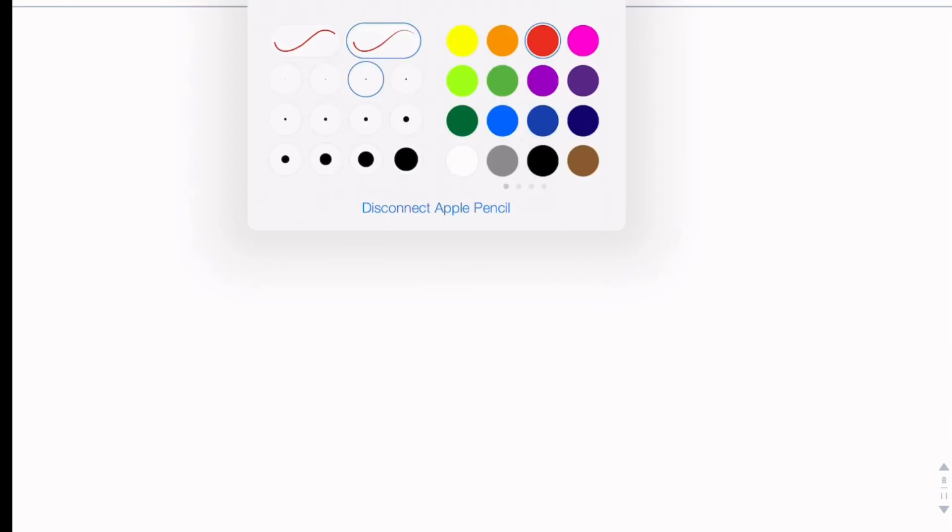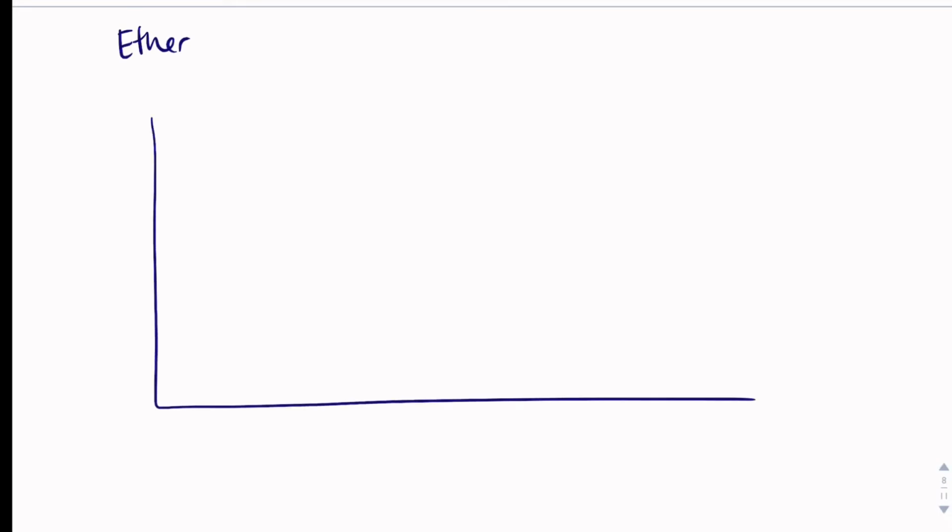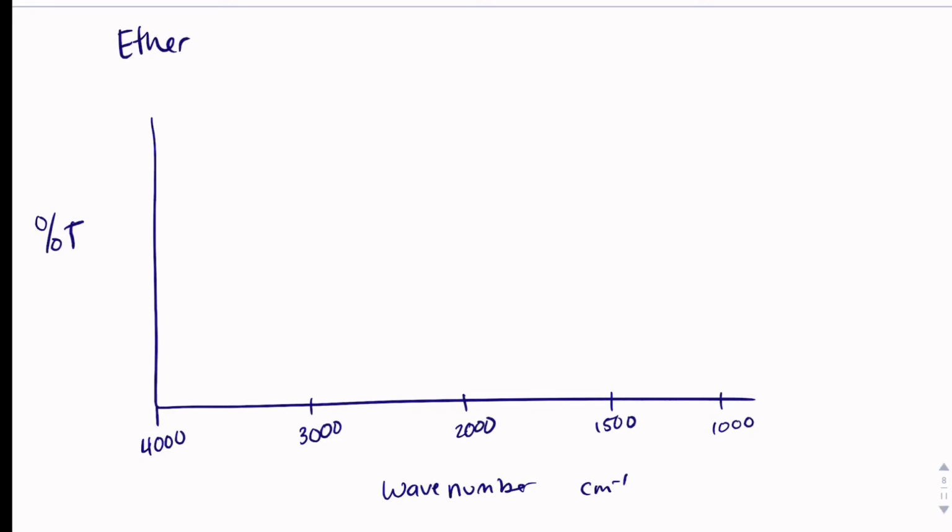Okay, let's see if I can get some others. Let's do ethers. Hopefully at this point you are really good at drawing this graph. And for ethers, those are typically anesthetics, but they don't have to be.